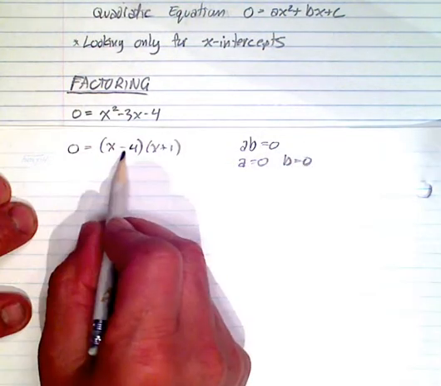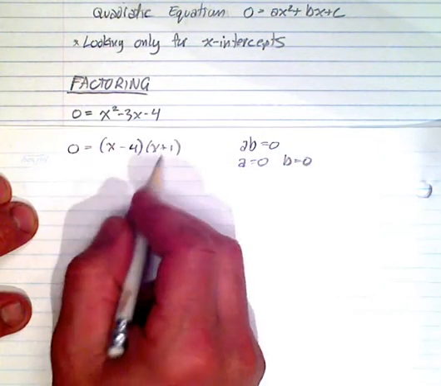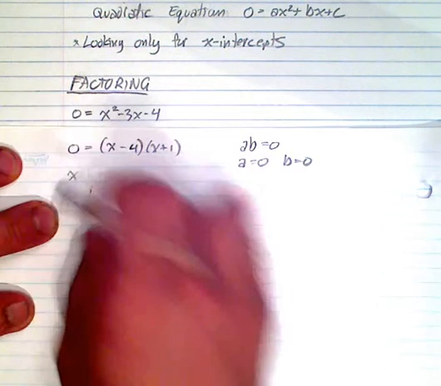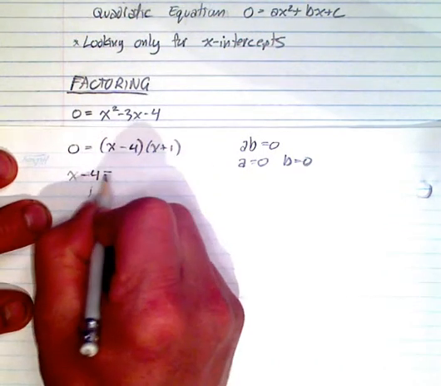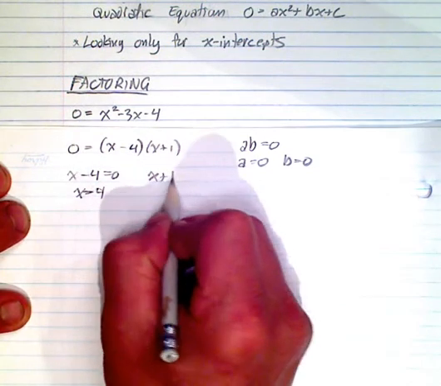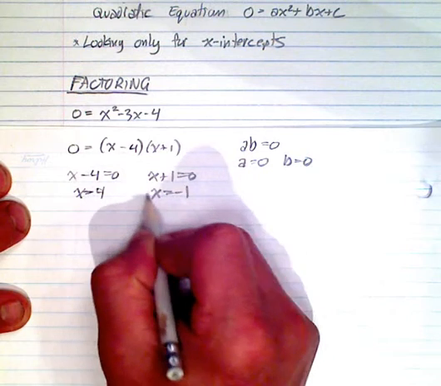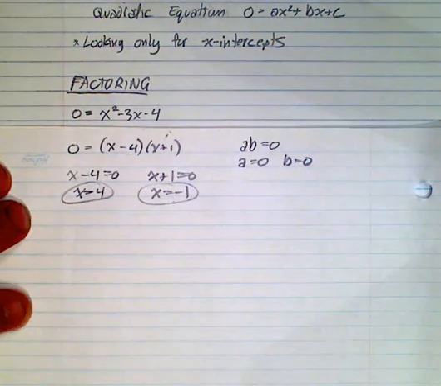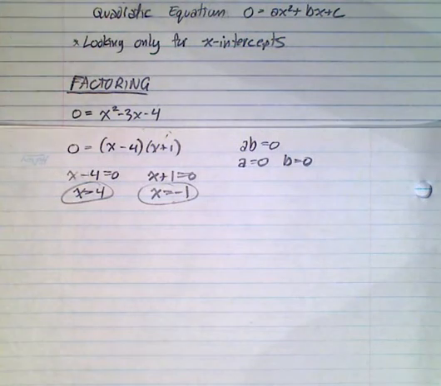So if x minus 4 times x plus 1 is 0, then x minus 4 is equal to 0, so x is equal to 4. And x plus 1 is equal to 0, so x is equal to negative 1. And those would be your two solutions. So this is the deal with factoring, okay?